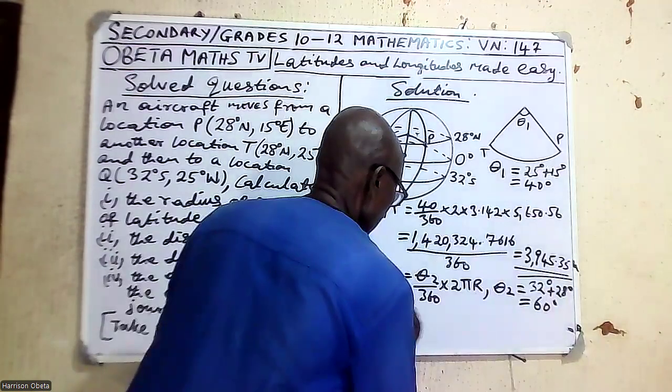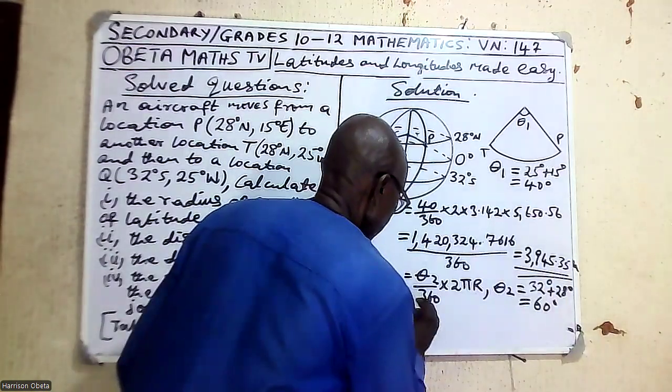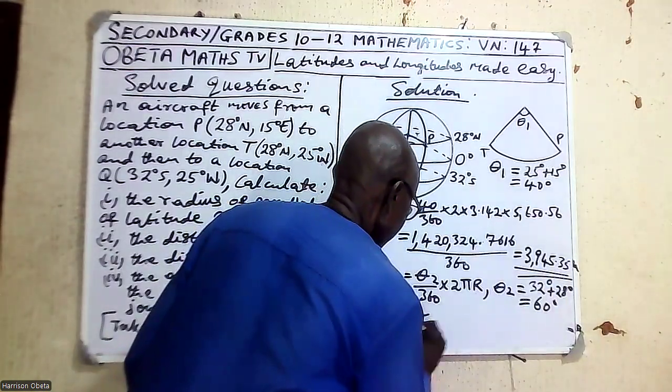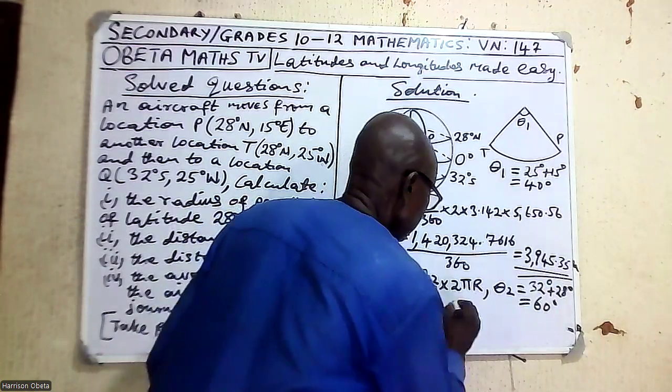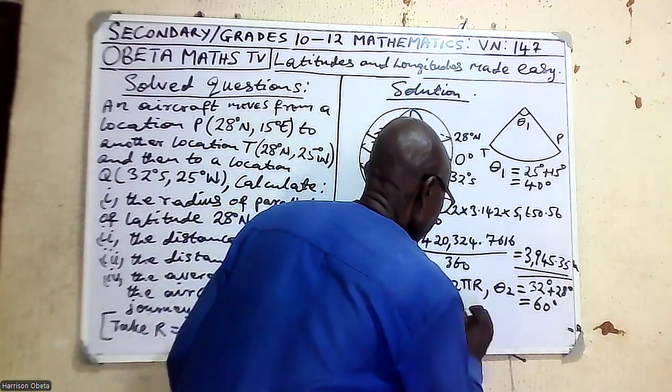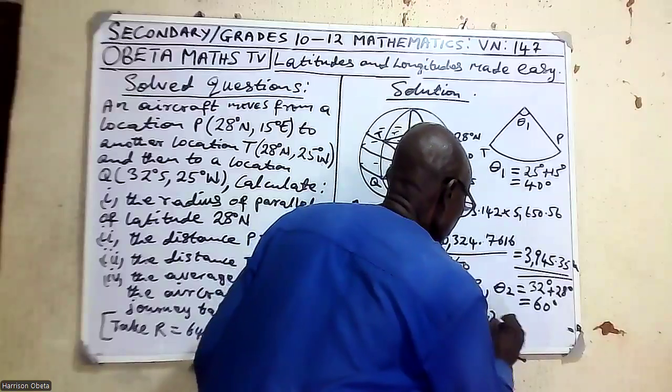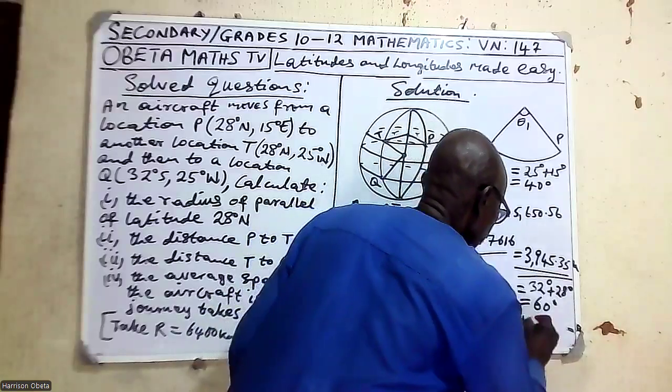So to continue, we have 60 over 360 times 2 times 3.142 multiplied by 6400.